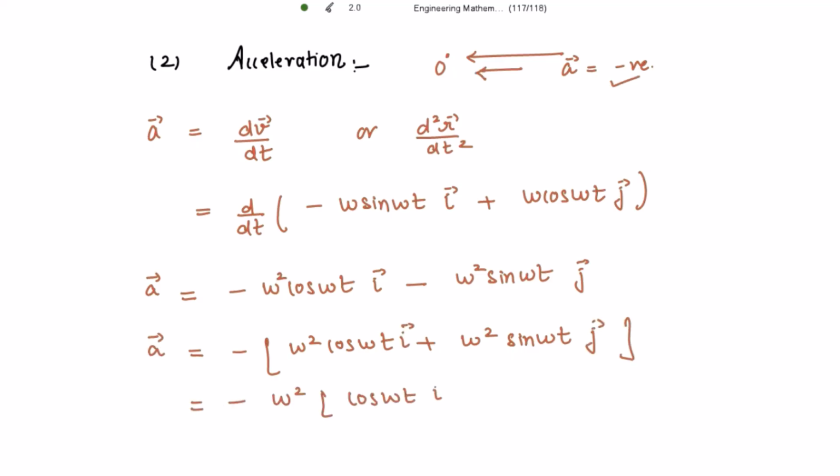And we have cos wt i vector plus sin wt j vector, and this is nothing but your given position vector.